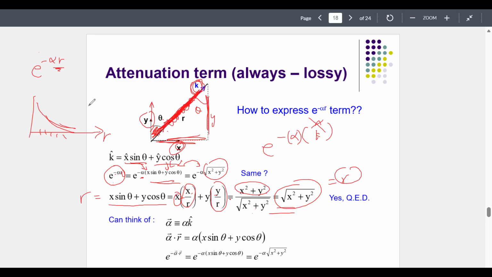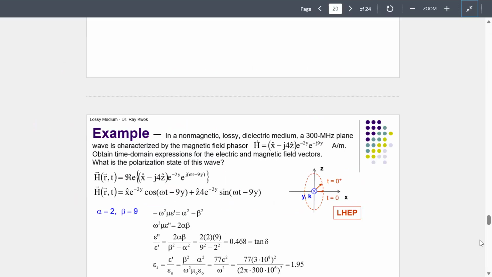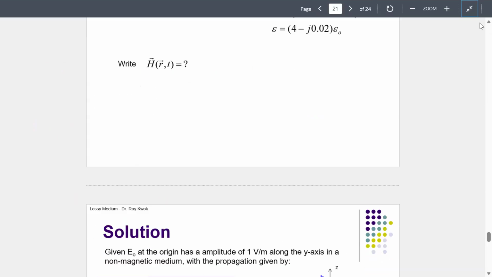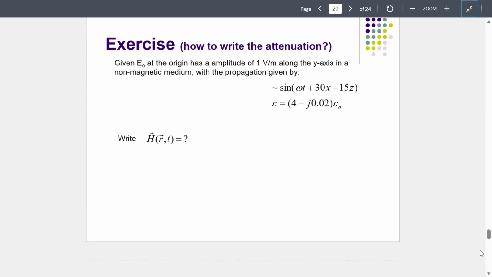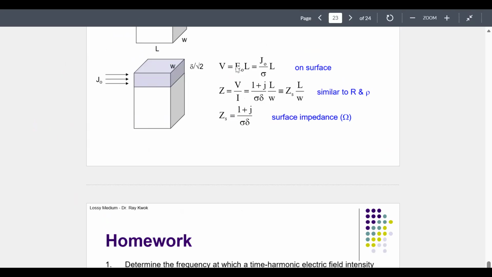All right, so let's do one example. Let's do an interesting one. You need the equations.